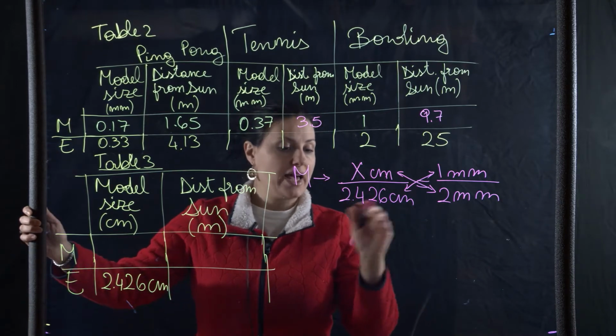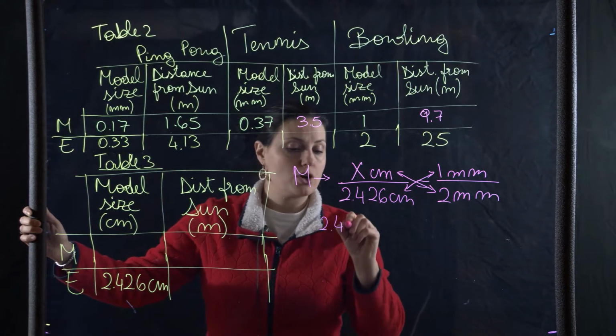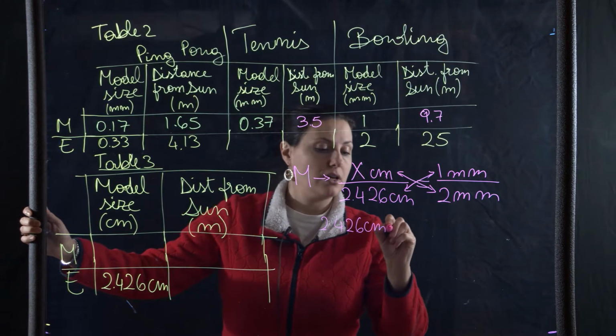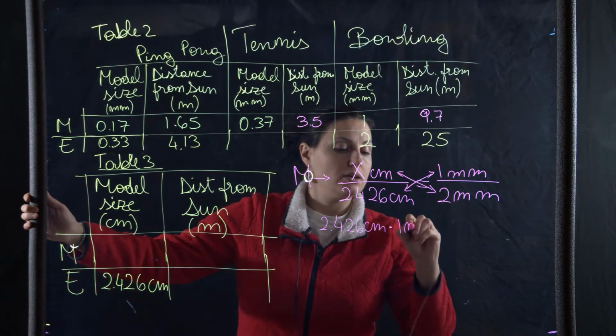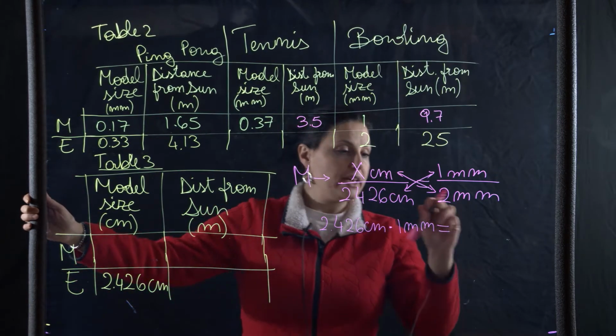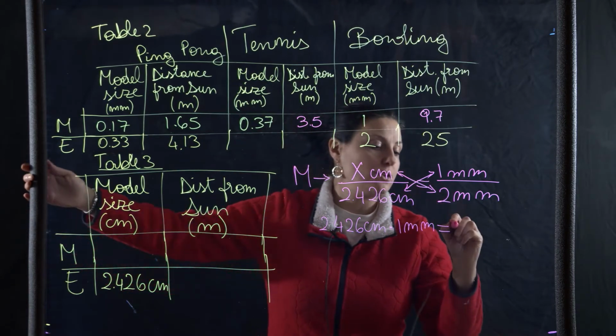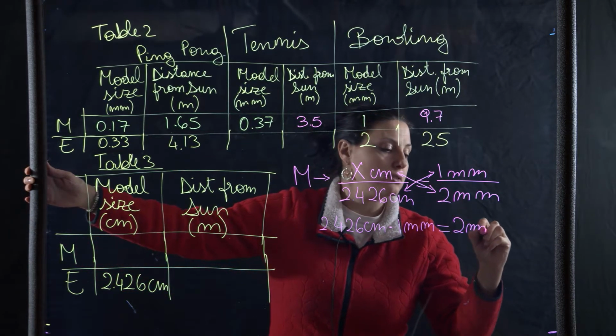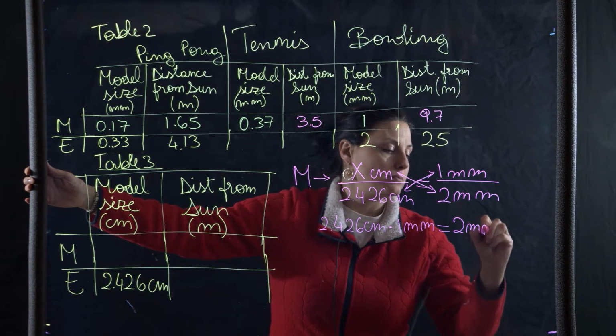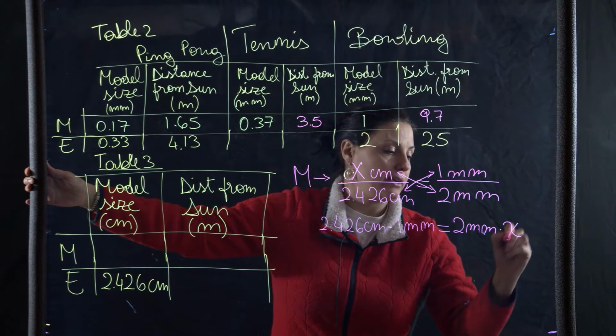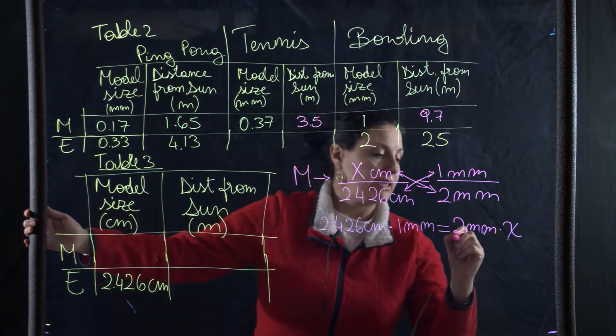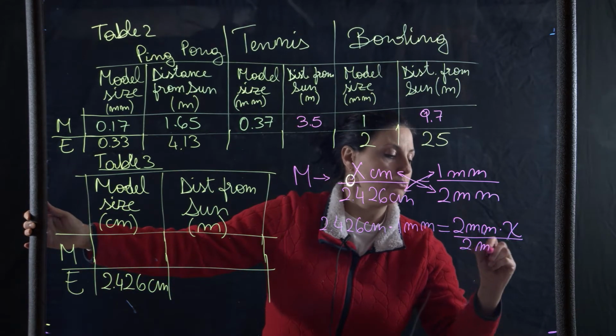So I have 2.426 centimeters times 1 millimeter should be equal to 2 millimeters times x. To isolate x, I divide by 2 on both sides.